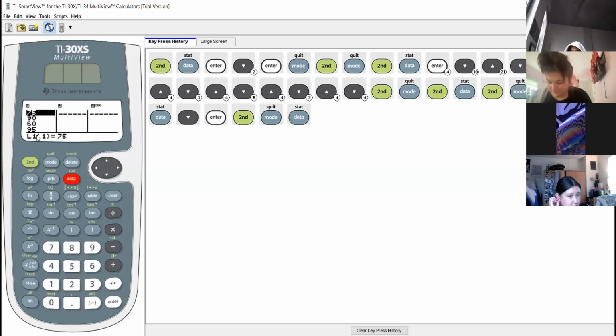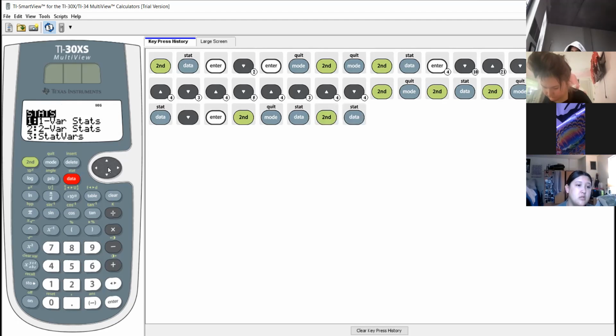Now, notice we have numbers already in here, but suppose we were given numbers for x and numbers for y. We will enter the numbers for x in L1 and the numbers for y in L2. Once we've done that, we would hit second stat and choose two variable statistics. We would choose that option.